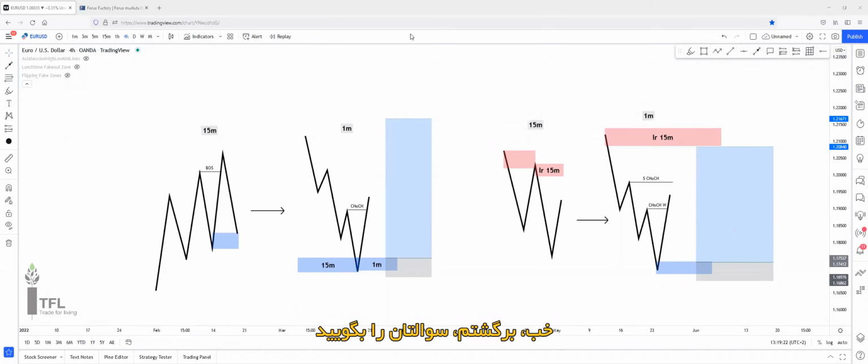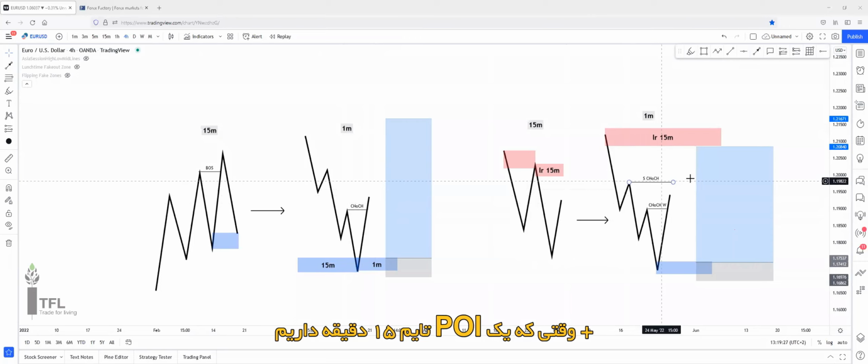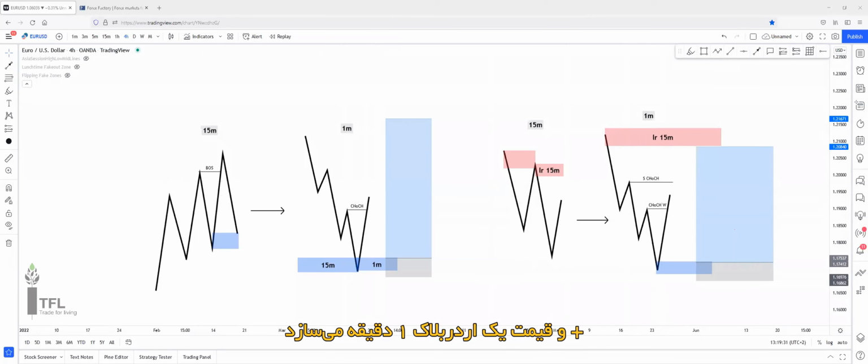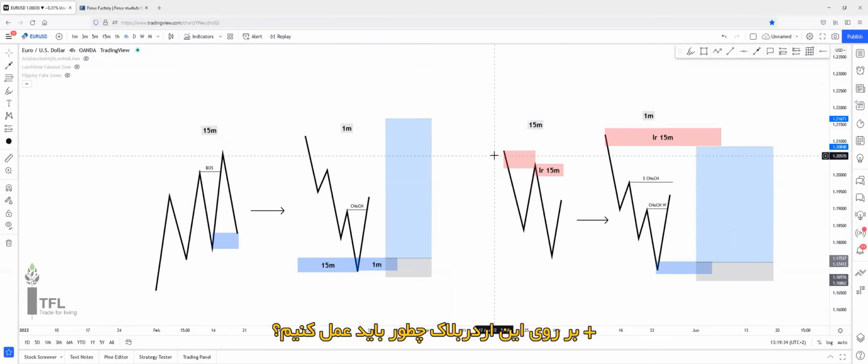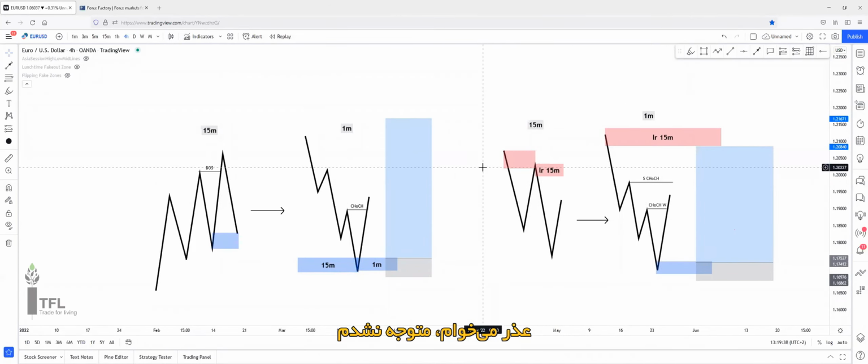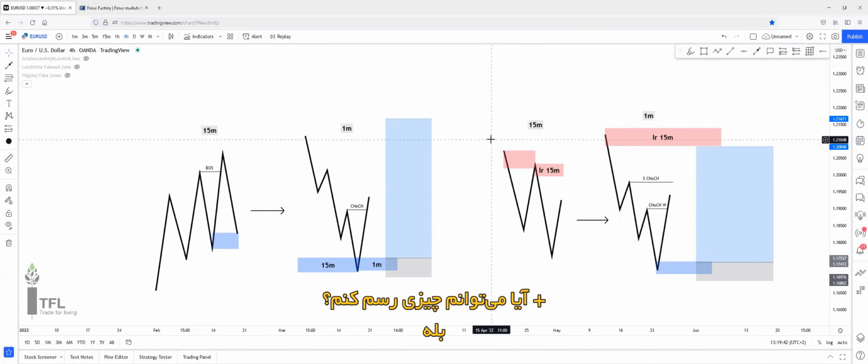Okay, I'm here. Let me hear the question. Marcel, when we have a 15-minute POI and after that price makes a 1-minute order block, how do we react on this 1-minute order block? Sorry, what do you actually mean by this? I mean, can I draw something like this?